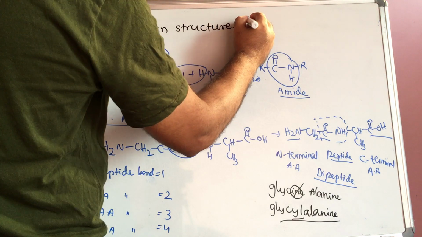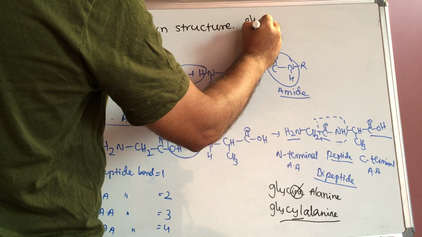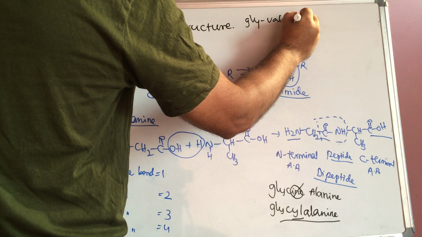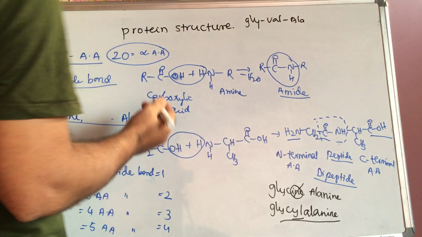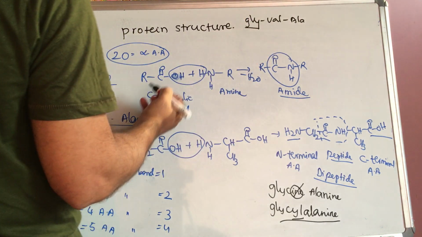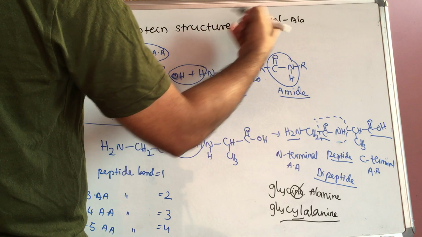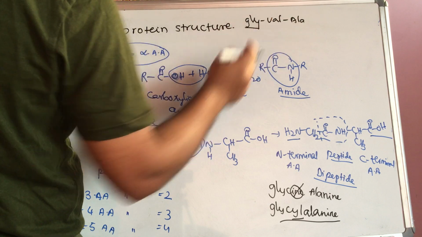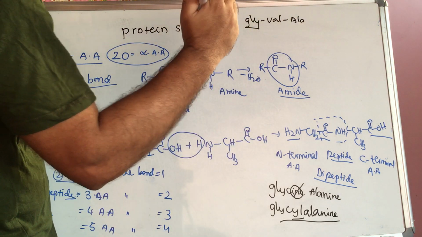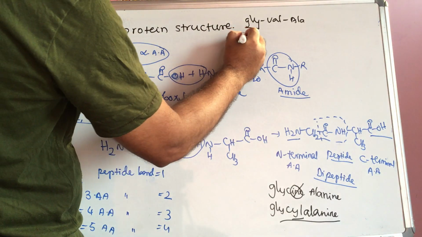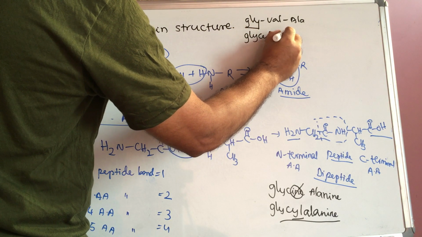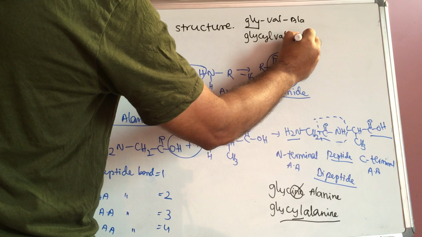For example here, this is glycine, valine and alanine, like this is given. Because I already told you that amino acids are represented with the 3-letter symbol or 1-letter symbol. For this peptide, these are 3 amino acids, and how many peptide bonds are there? 2 peptide bonds. Its name we can give like this: glycyl valyl alanine.